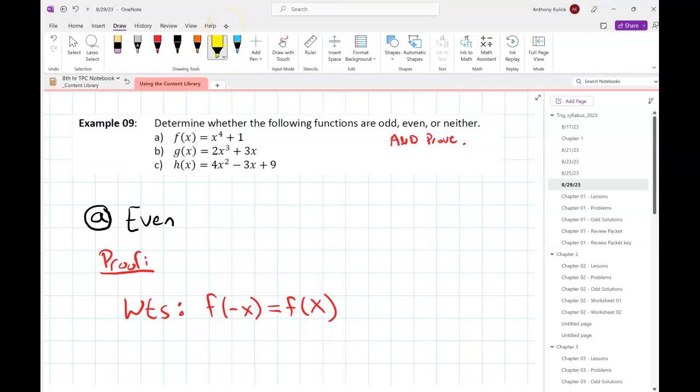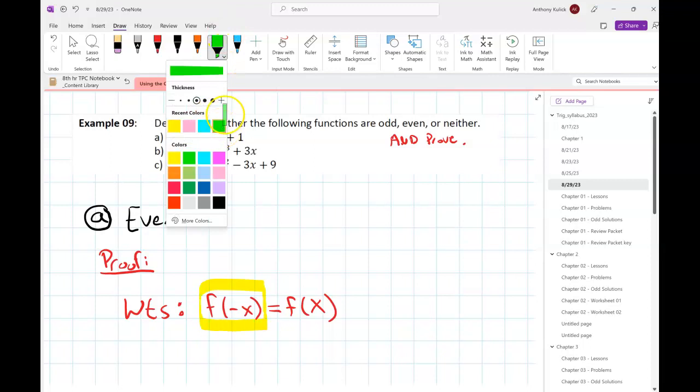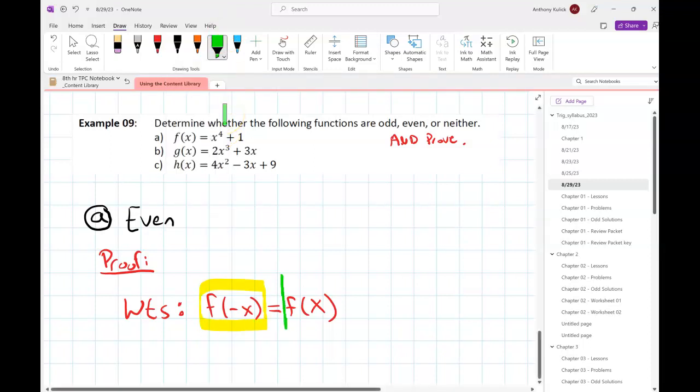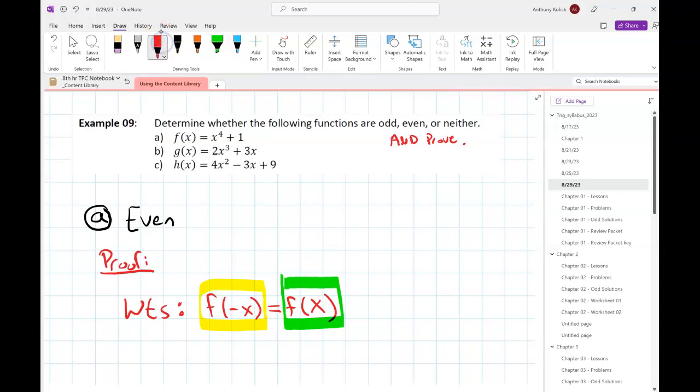When I want to show an equation is true, typically we start by writing down the left-hand side, then do some algebra, some simplification, and try to end up at the right-hand side. We're just going to string it together with a bunch of equalities. Everybody's okay with that? All right.